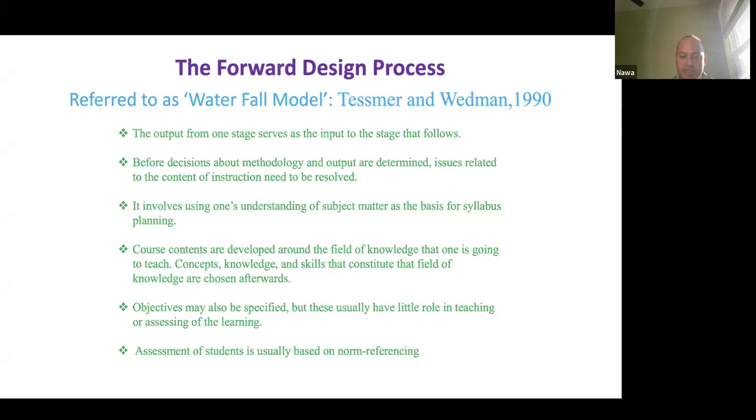And the assessment of the students is usually norm-referenced. So out of the performance of all of the students, they will be normalized, maybe on a curve, maybe a Gaussian curve or something like that. Whoever is at the top of the class gets the highest grade, or is supposed to have learned more. And whoever follows them will get sequential grading.